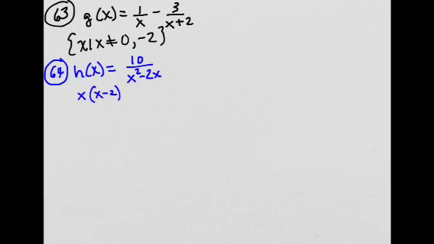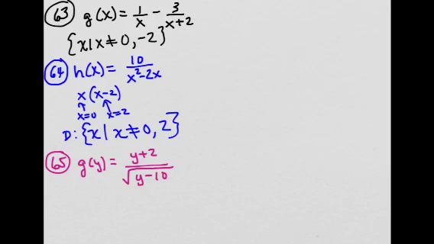And then you set each factor equal to 0, so this one gives me x equals 0, and this one gives me x equals 2. Those are the two values that would make the denominator 0. So for the domain, you would say all x such that x cannot be 0 or 2. And then your braces, and you're done.